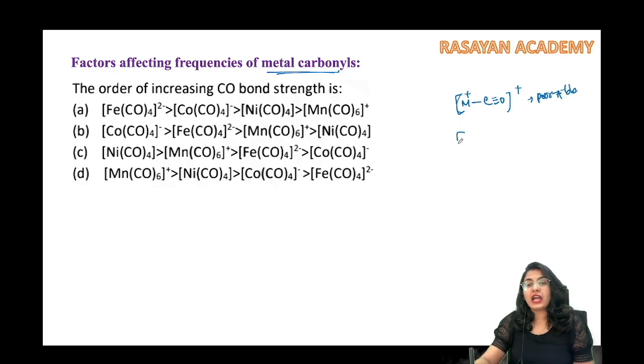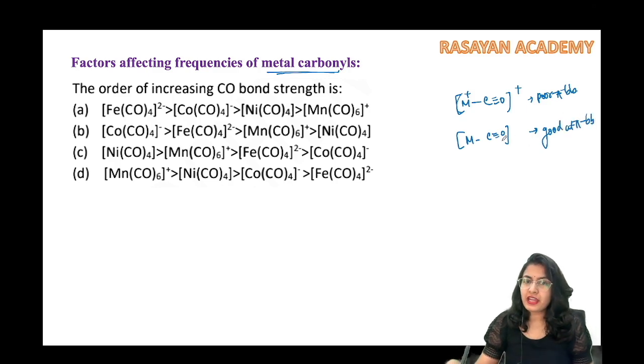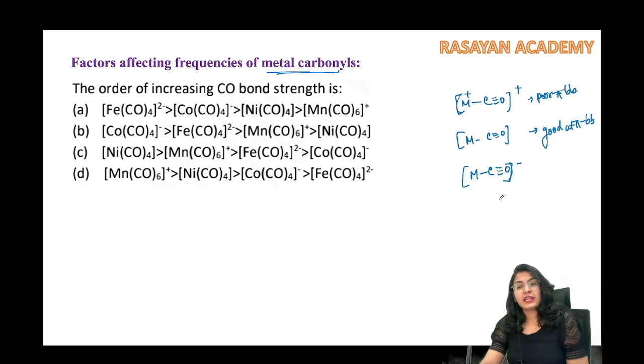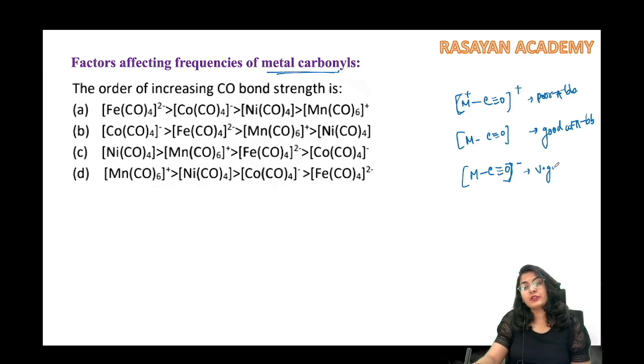Okay, if I take a neutral metal, then this is going to be good at pi back bonding. Why? Because the metal is neutral, it does not have charge, that's why it can give. Okay, this is in zero oxidation state. But if I have a negative charge on the whole complex, yes, that means that the metal is very good at pi back bonding.